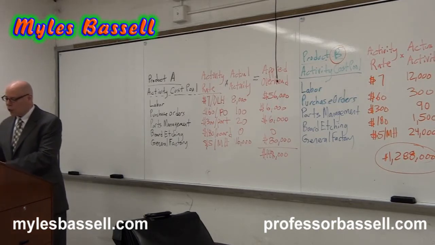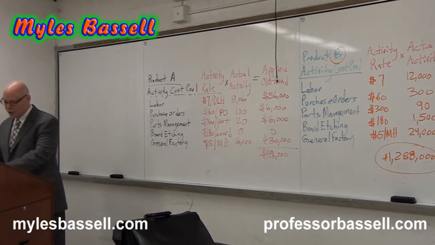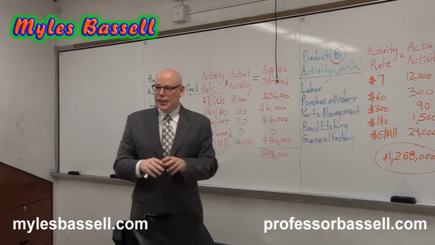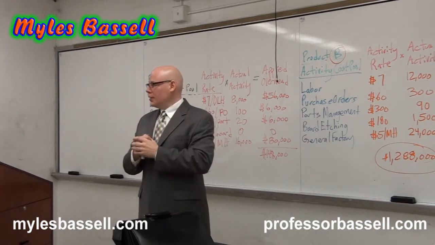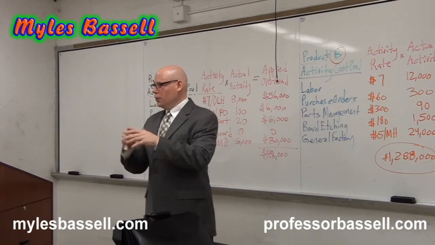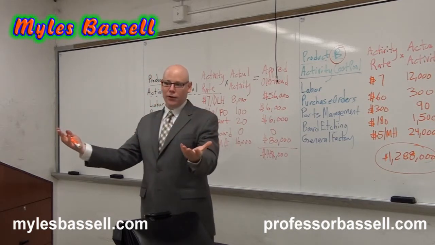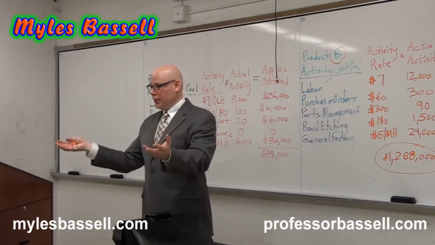All right, let's go back and talk about process costing. Remember we said job order costing is where you're going to make what? Unique items. So each job you have to cost out separately. Each job is unique.